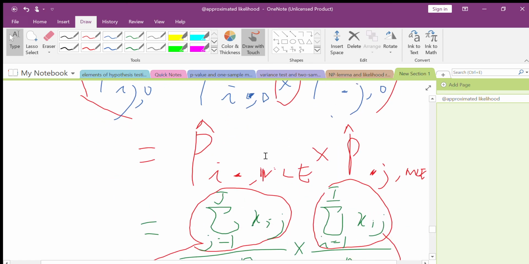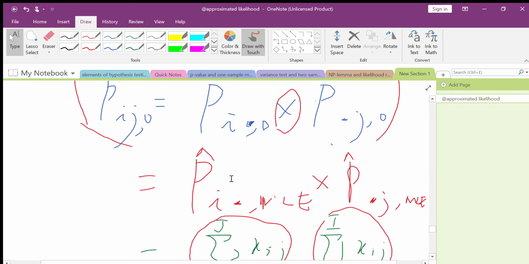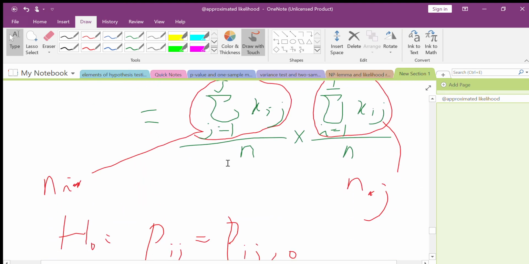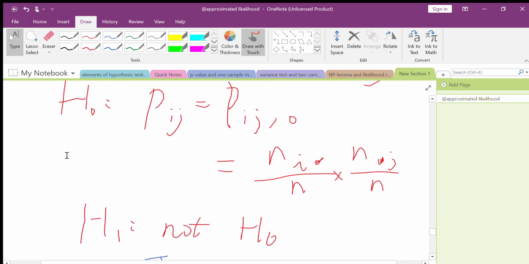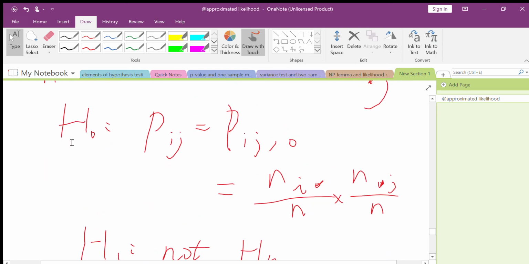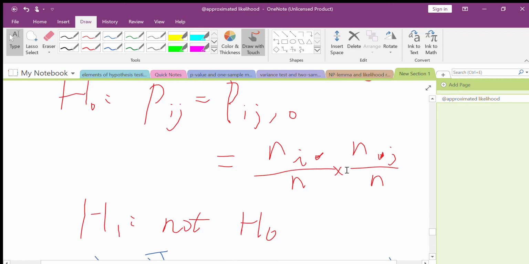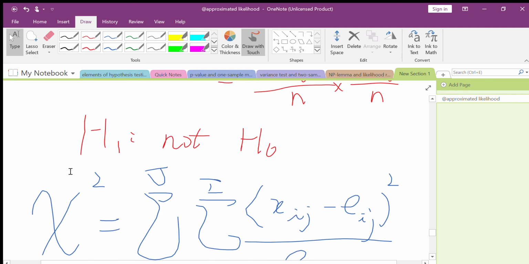If we plug in the maximum likelihood estimates, pi dot MLE hat and p dot j MLE hat, then we translate our original independence null hypothesis to this form: Pij equals ni dot divided by n times n dot j divided by n. H1 is not H0.